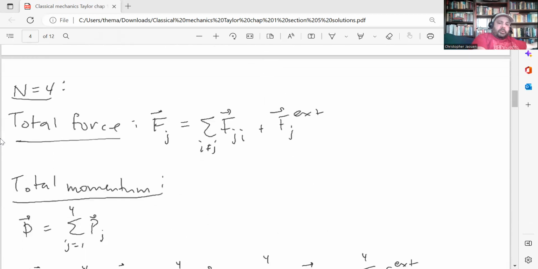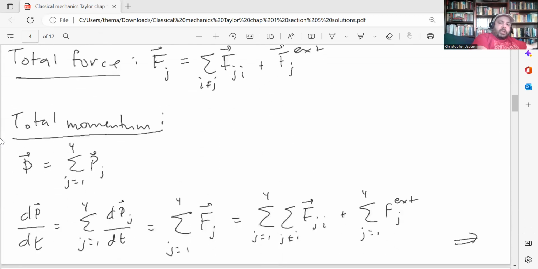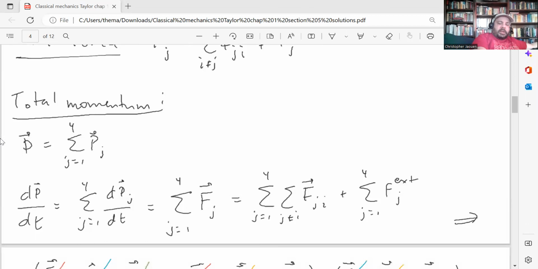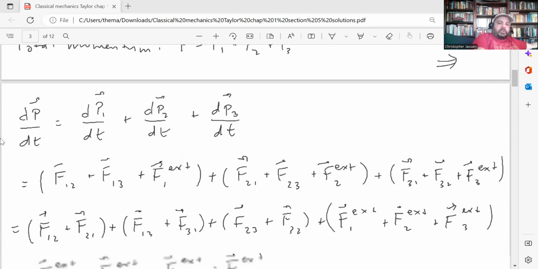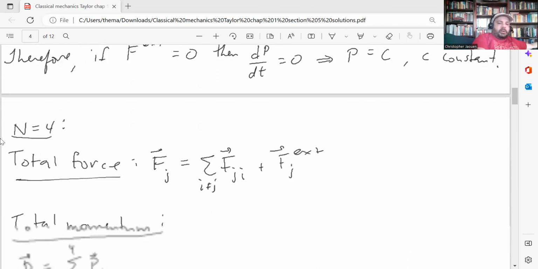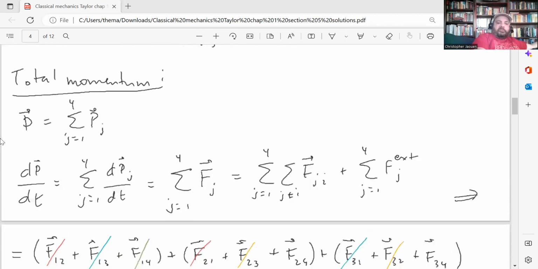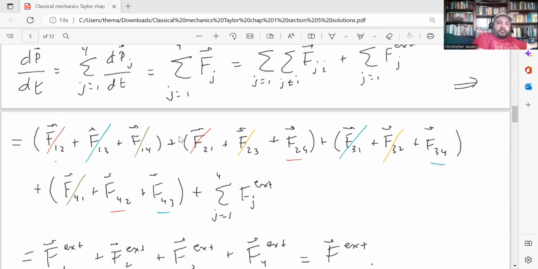Then I did a similar thing for n equals 4. I used a little bit of shorthand notation just so I don't have to write all the subscripted terms out here, but it's exactly the same proof. Here I'm showing that all of these similar things cancel.